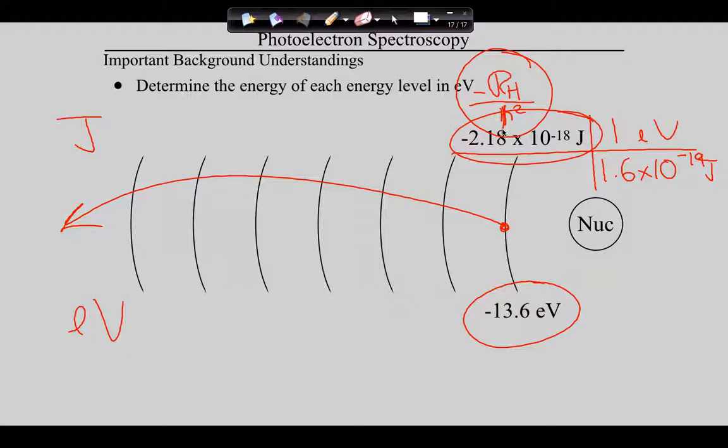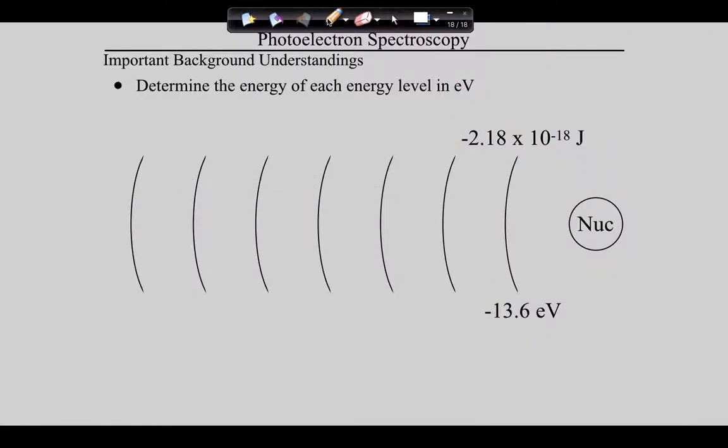Other people can do this math for every element on the periodic table, but we can only arrive at this number, and whatever it is for each of these energy levels, for hydrogen, because that's all the Rydberg equation is good for. If we knew these numbers, we could convert them all to electron volts, but we can only do that math for hydrogen. Guys, did you understand Catherine's question?